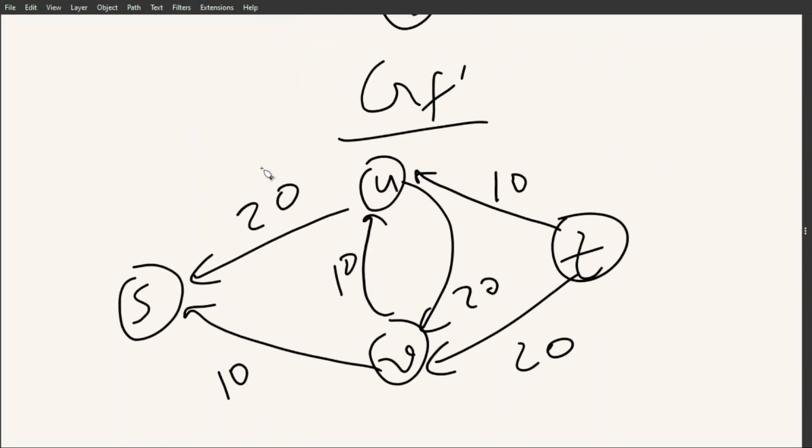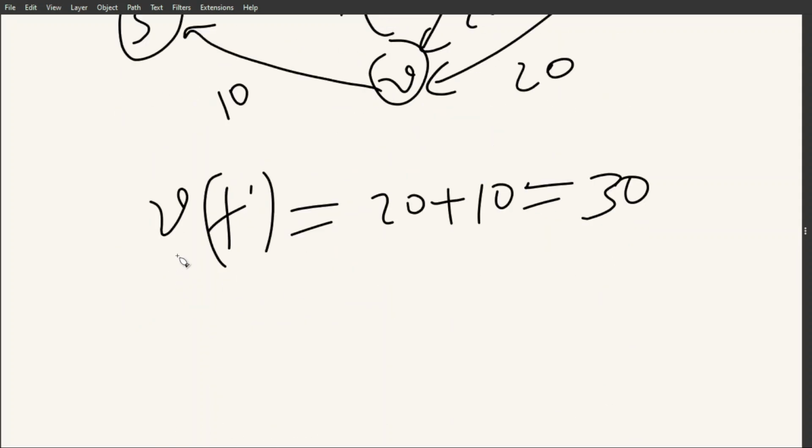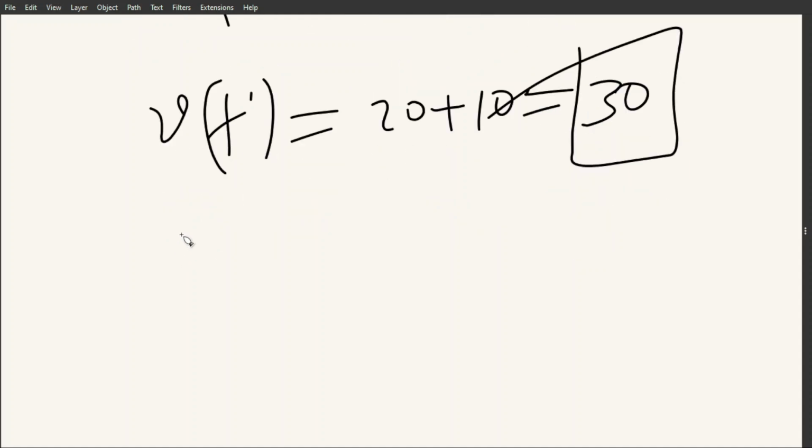So once again we apply the same idea. Try to find an S to T simple path. Now you can easily see there is no S to T simple path. So here the algorithm stops. And once the algorithm stops, we get a maximum flow. So this algorithm is called the Ford-Fulkerson algorithm.